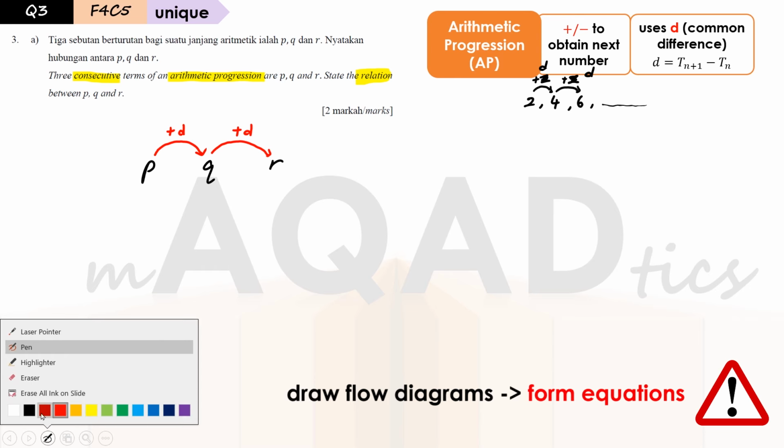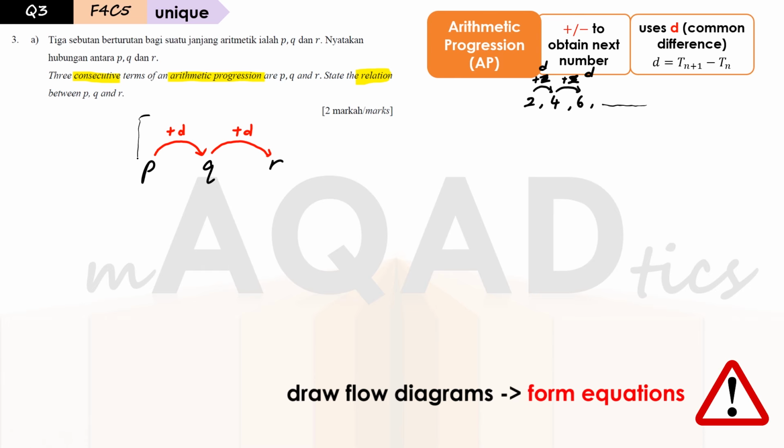For the first part, clearly if we have P, we add D, then we will get Q. And for the second part of the diagram, let's form an equation also. So here will be Q plus D equals R.